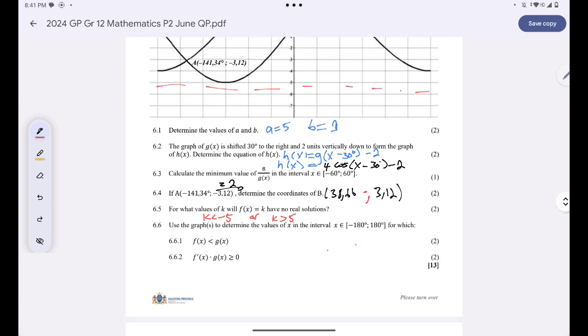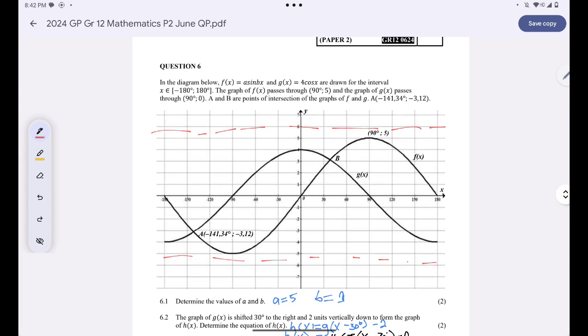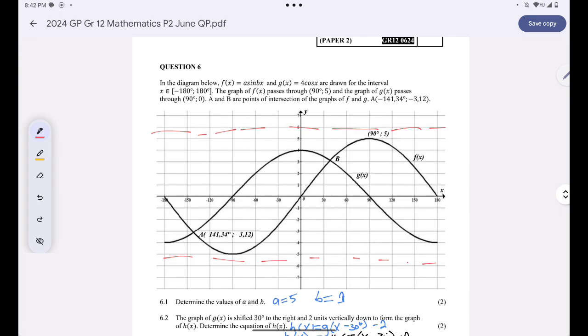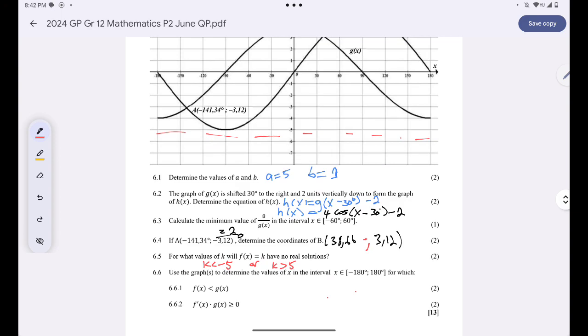Okay, now I'm asked to use the graphs to determine the values of x in the interval for which the graph of f is above the graph of g. Okay, the graph of f is the sine graph. Oh, excuse me, guys, the sign there is less than.